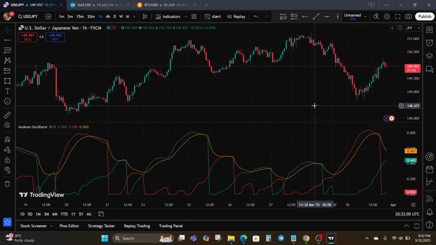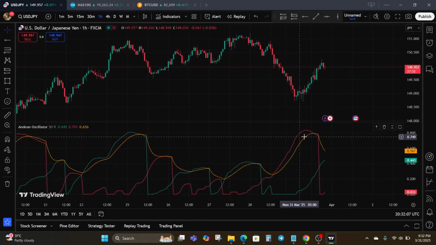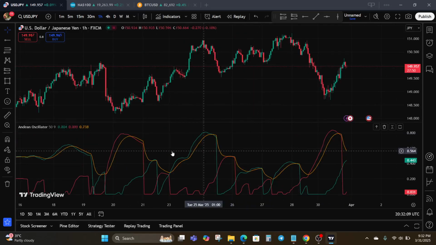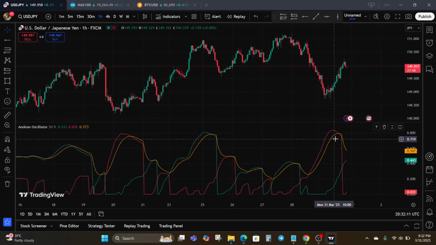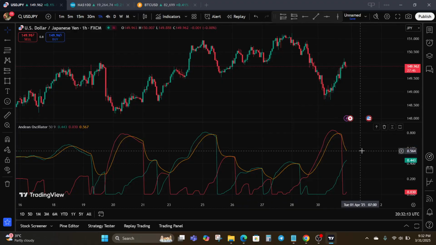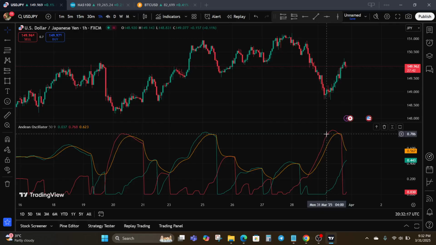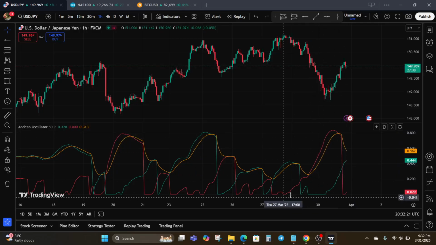When the oscillator reaches an overbought level, towards the extreme top, the market may be ready to sell off. On the other hand, when the indicator reaches an oversold level, the market may be gearing up for a move higher.